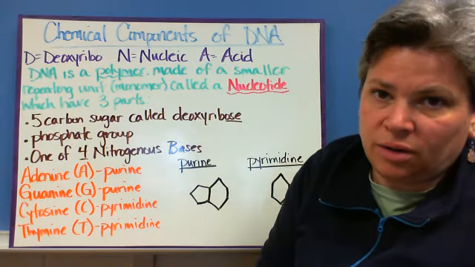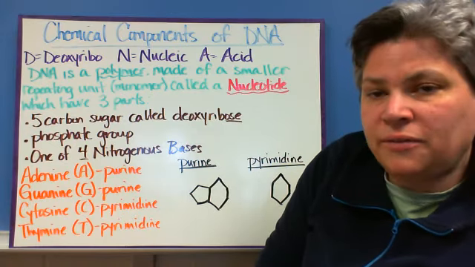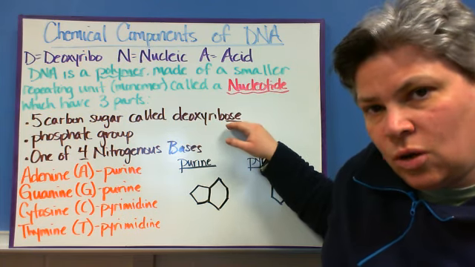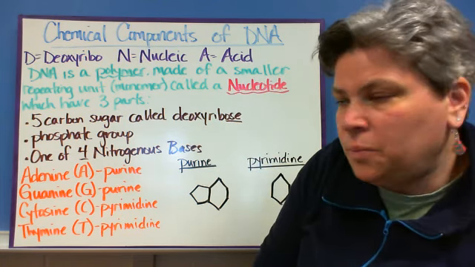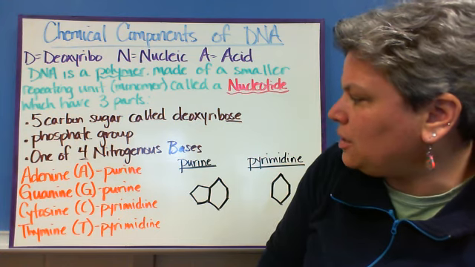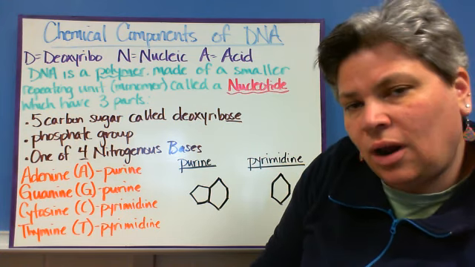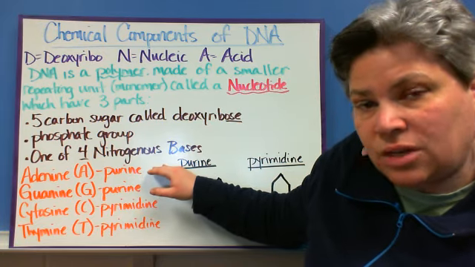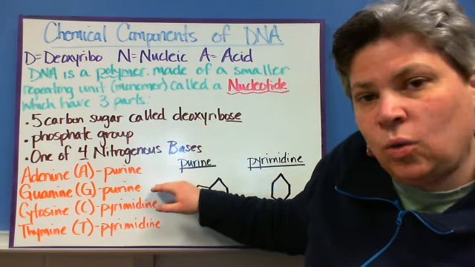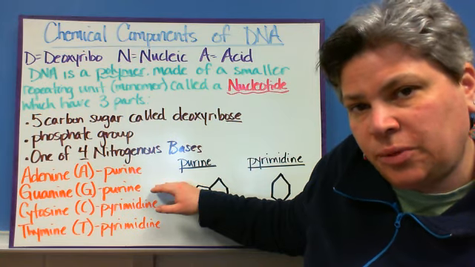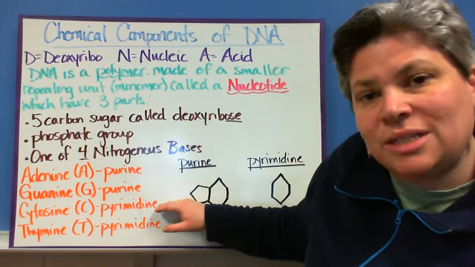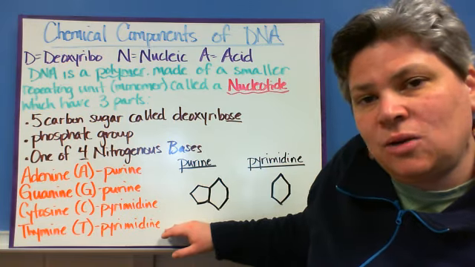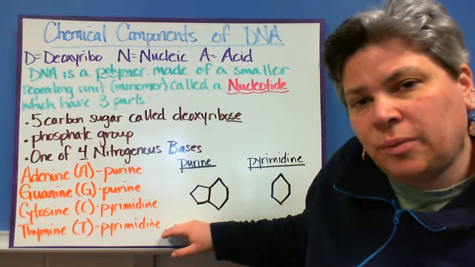Nucleotides have three parts. The first one being a 5-carbon sugar called deoxyribose. Remember, sugars end in ose. A phosphate group, and one of 4 nitrogenous bases. So our options for nitrogenous bases: it could have adenine, or A, which is considered a purine, guanine, or G, which is also considered a purine, cytosine, or C, which is considered a pyrimidine, and thymine, or T, which is also a pyrimidine.